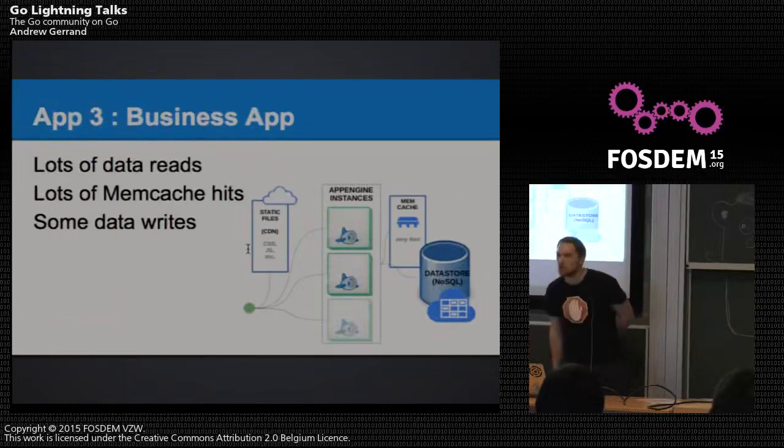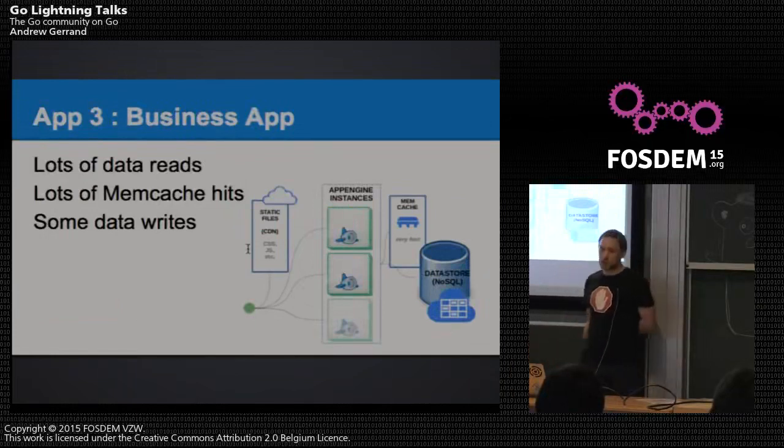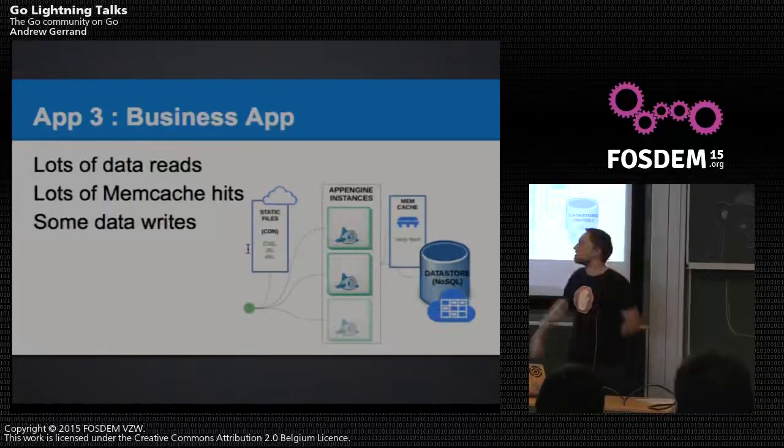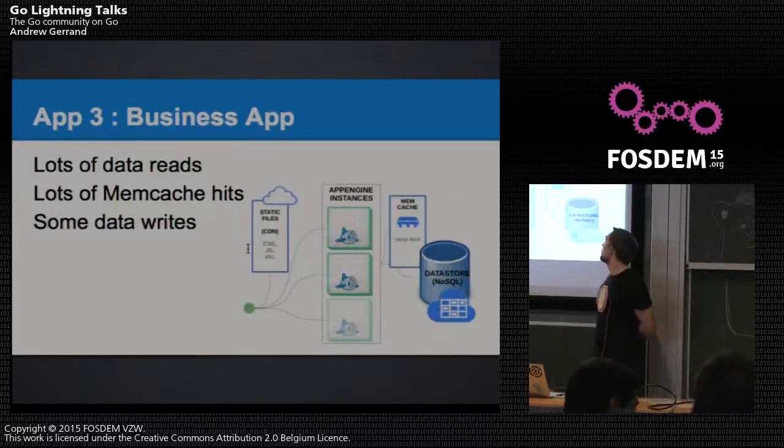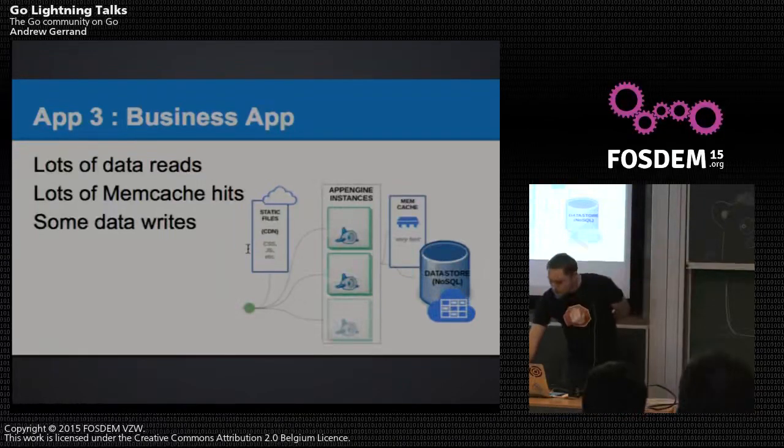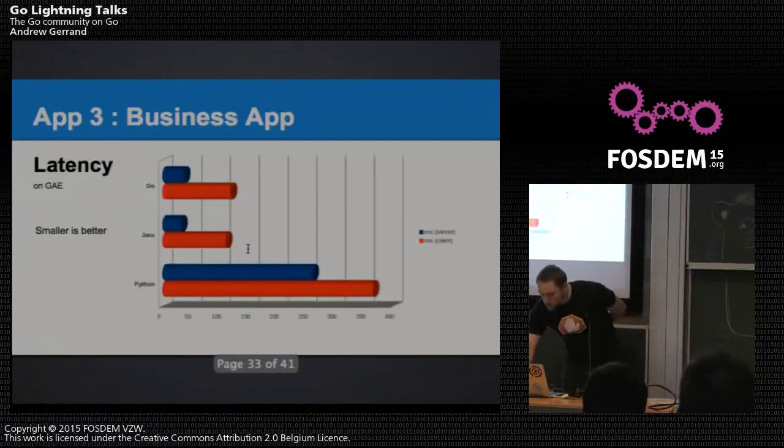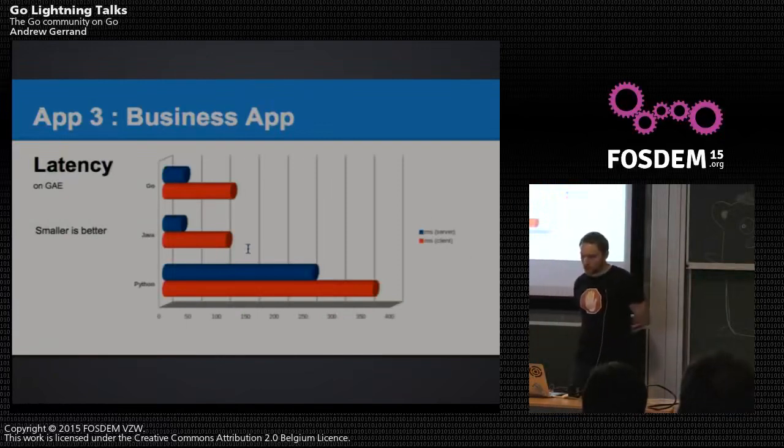Okay. In the real world, web applications are more like a business application. When you display some nice pictures, you get some data from the database, and you use memcache to cache that. So for this kind of application, as I measured, Go and Java are quite fast.